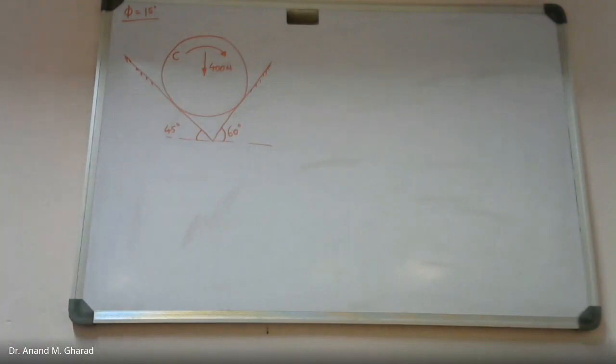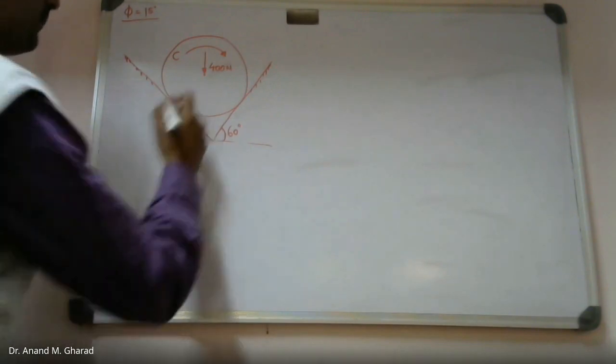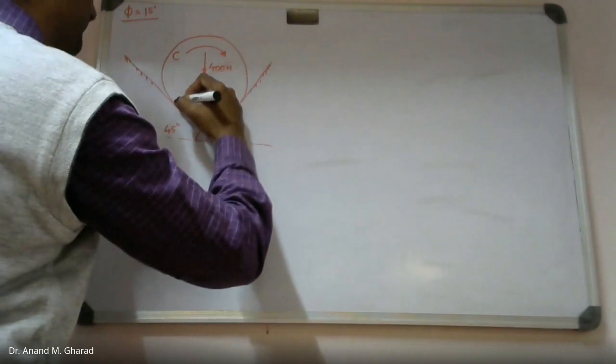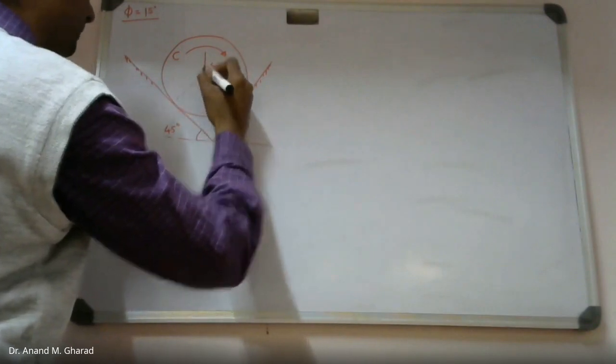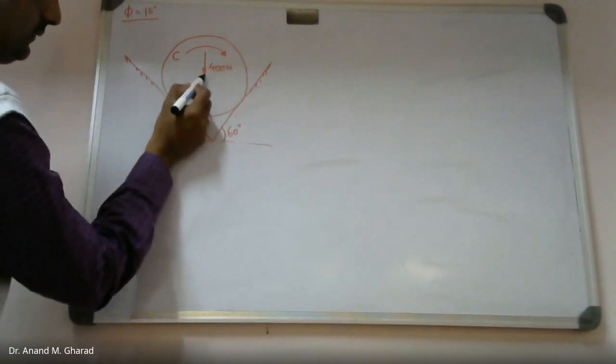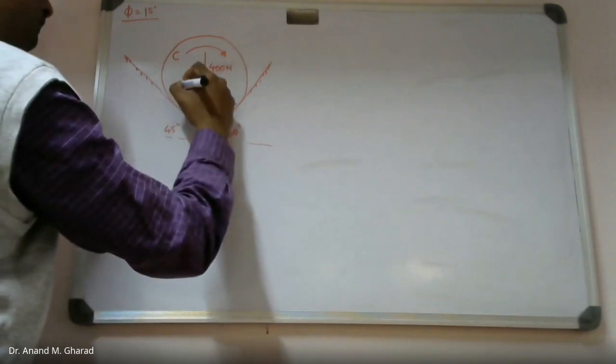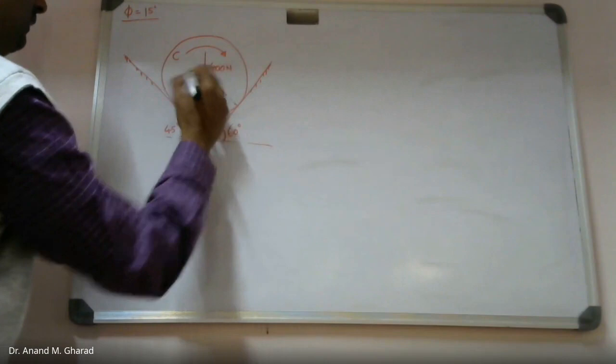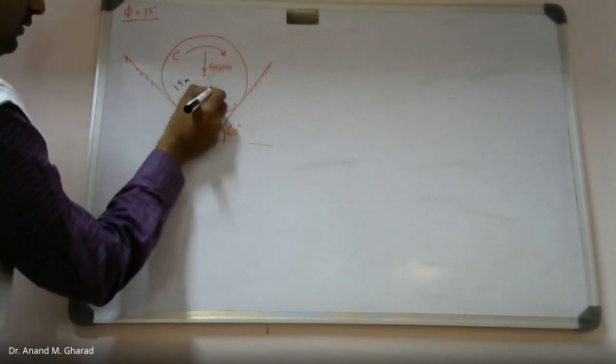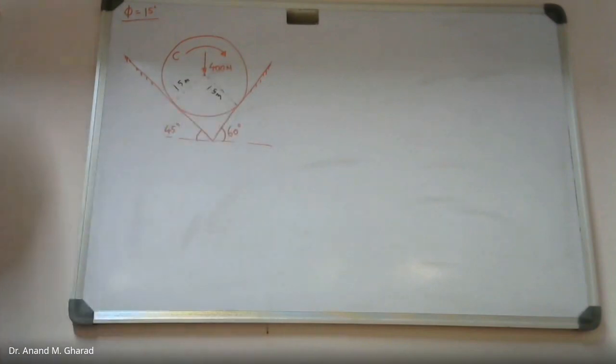Now what you will do, you will draw the free body diagram associated to this. So you know the diameter is given as 3 meter. So radius will be how much? 1.5 meter. So this is 1.5 meter distance. This is 1.5 meter distance, correct?